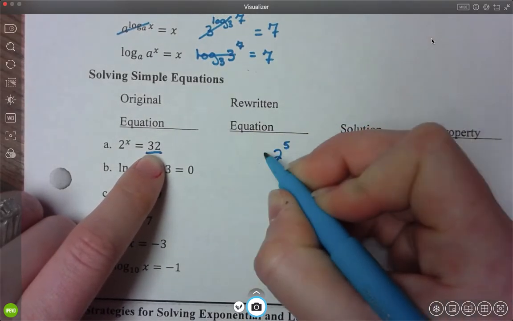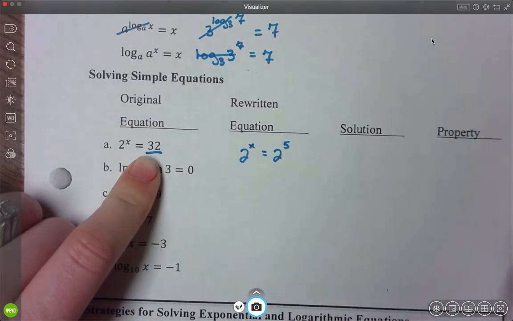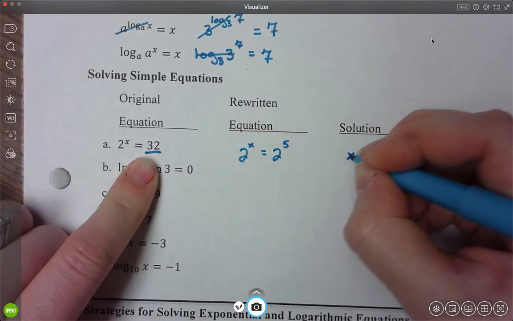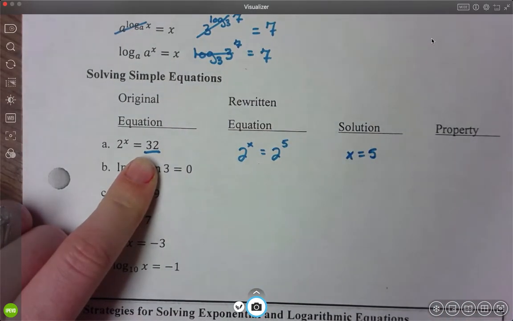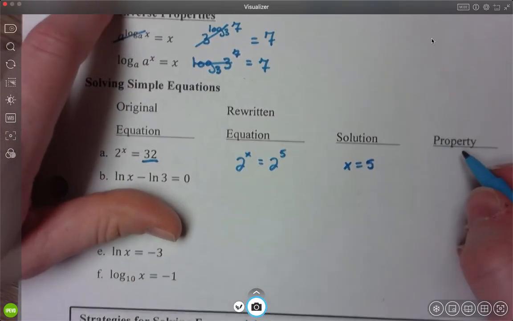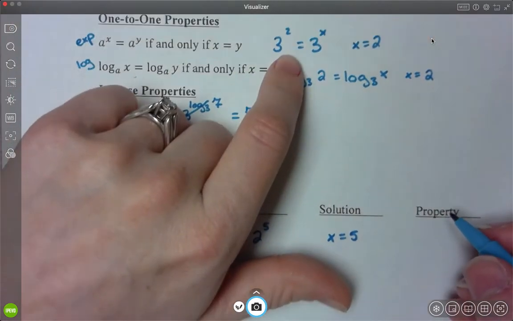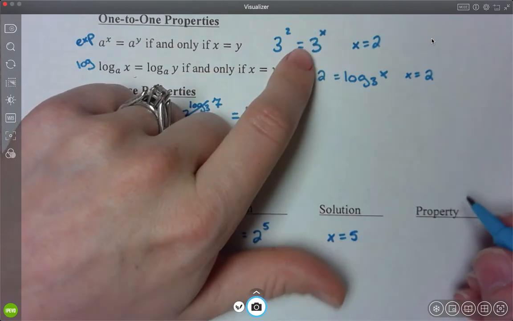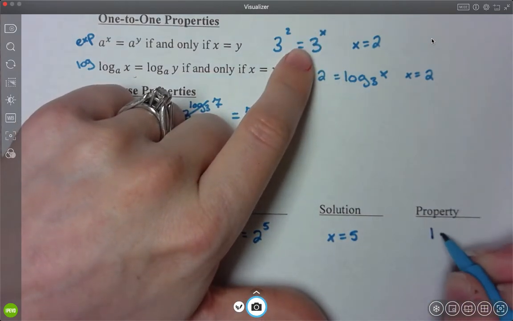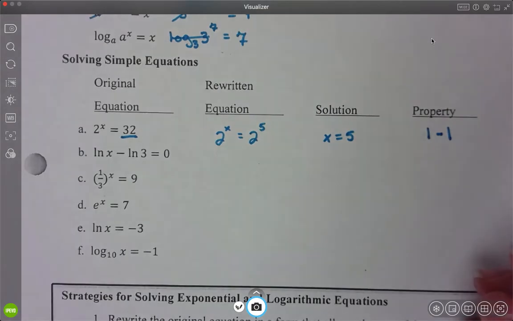So I have 2 to the x power equals 2 to the 5th power, so I know that x has to be 5. The property that I used was this one-to-one exponential property, like this 3 example right here. So I'm going to write 1-1. That's my symbol for the property.